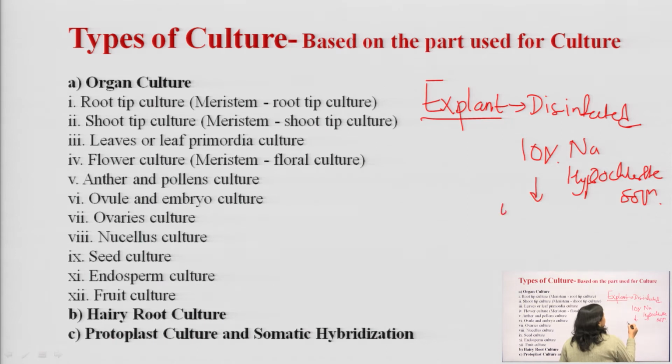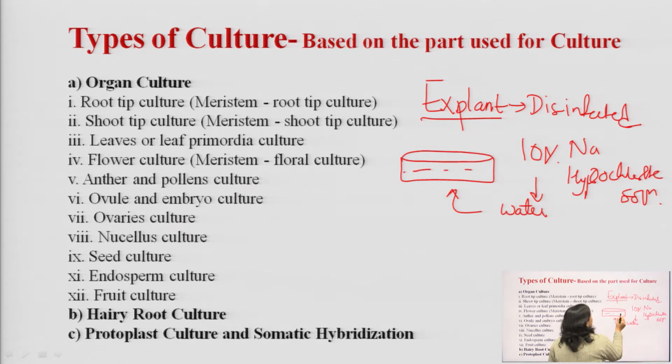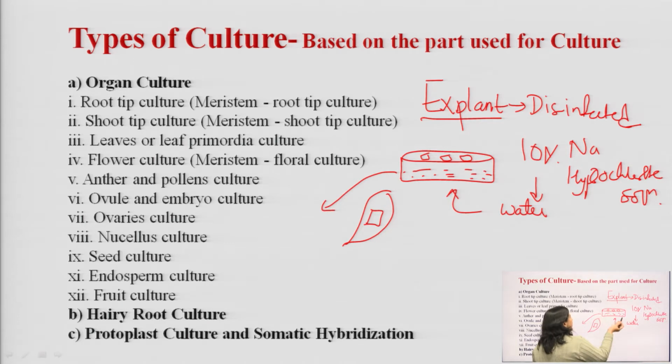After that, again it is washed with water, which is sterile water, and after washing it is cleaned and put in a medium containing any kind of agar along with various nutrients. Okay. Now, this leaf which we had taken, we are going to cut a small section of that leaf and we will place those leaf sections in the petri dish. Gradually what will happen, that we will incubate it further.